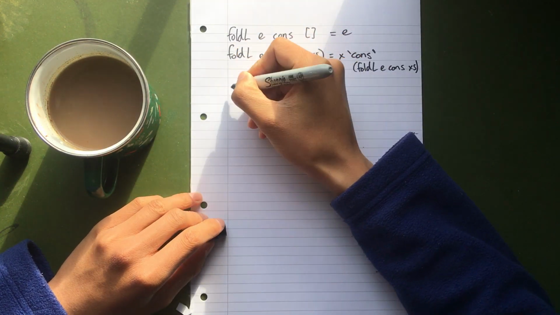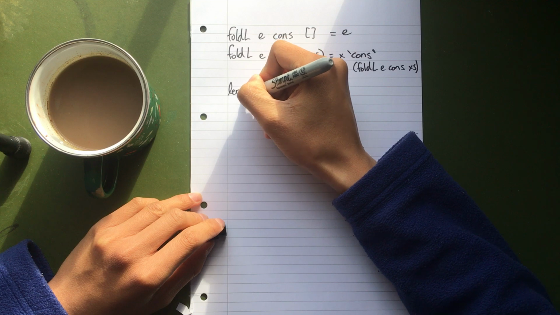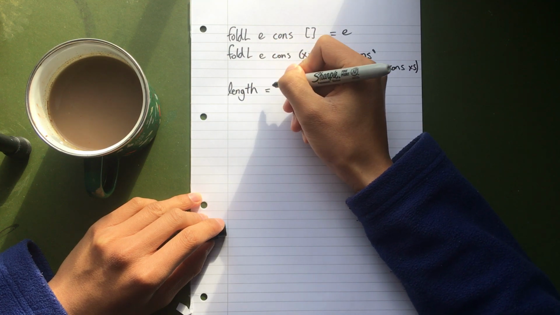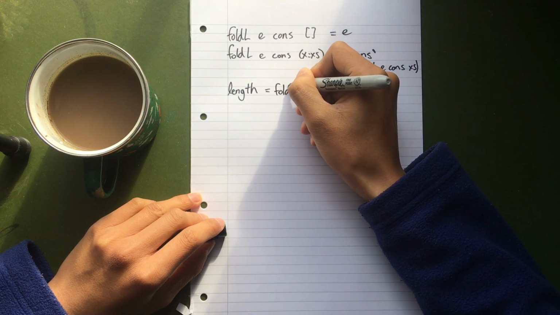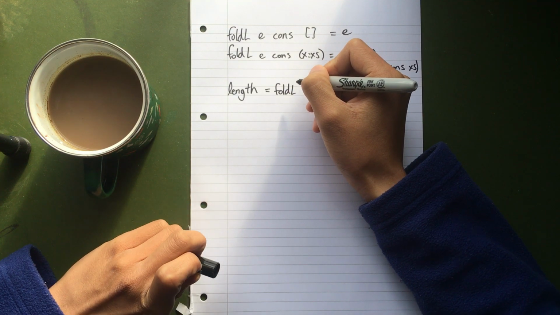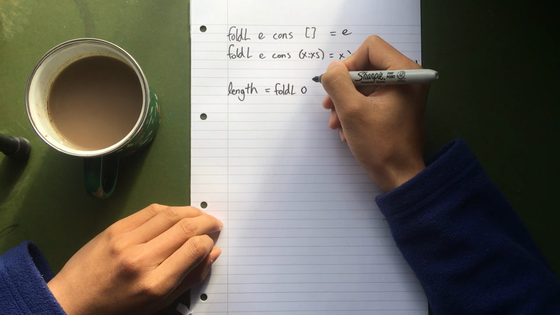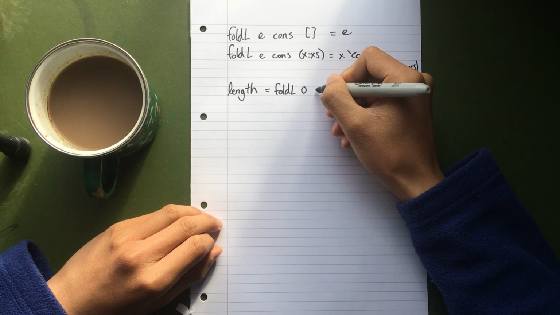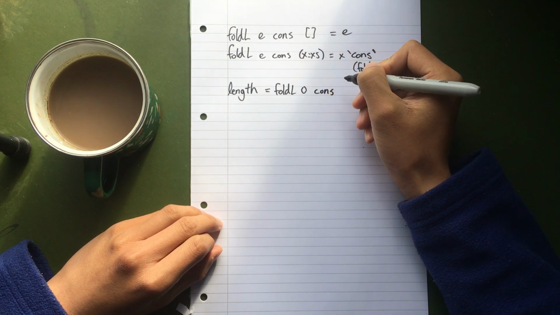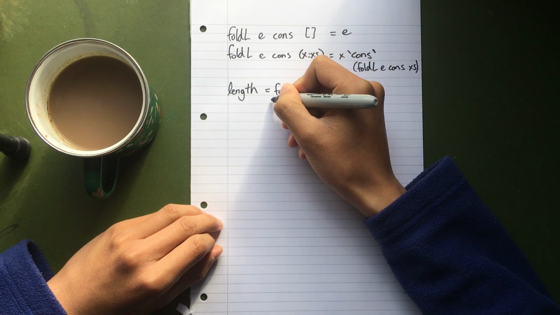Okay, so an example is to find the length of a list. You might say, okay, the empty list is going to have length 0. And for a non-empty list, here's what we want to express.